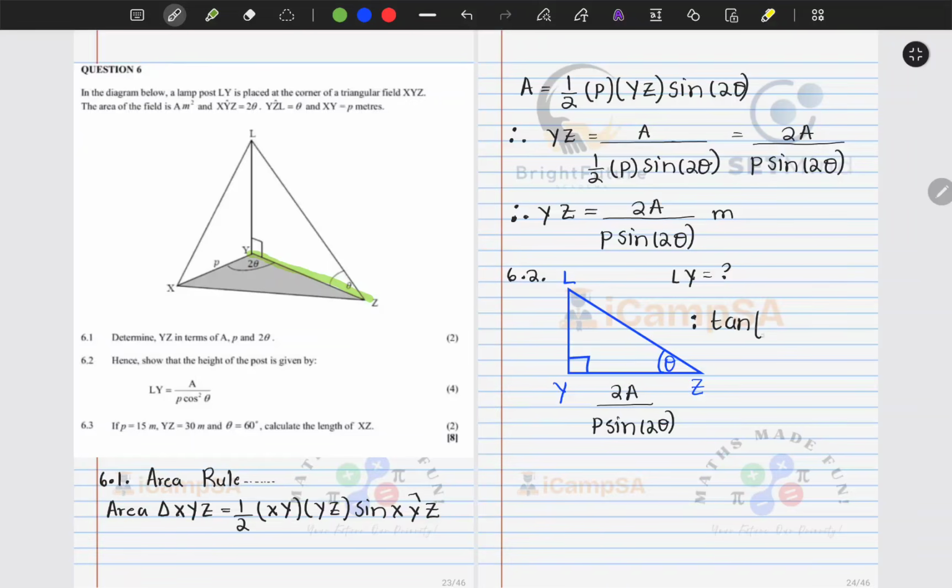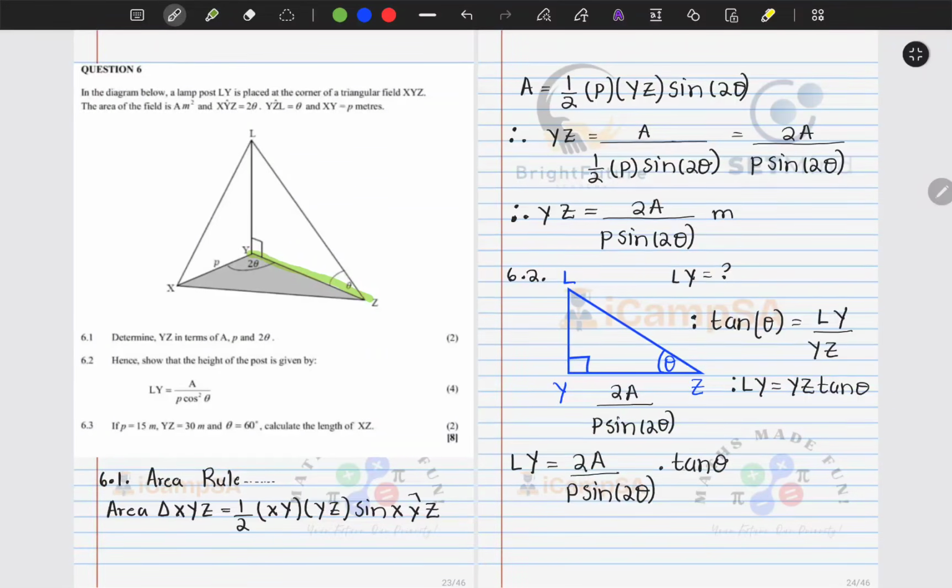If you look at tan of theta, you will see that tan of theta will be Ly divided by YZ, which means that your Ly will simply be YZ tan of theta. So our Ly, which is what we are looking for, will be our YZ, which is 2a divided by P sine of 2 theta, times tan of theta.